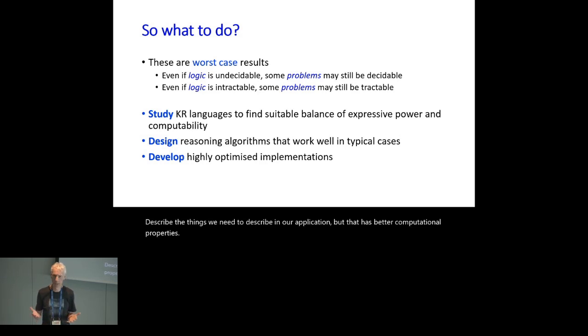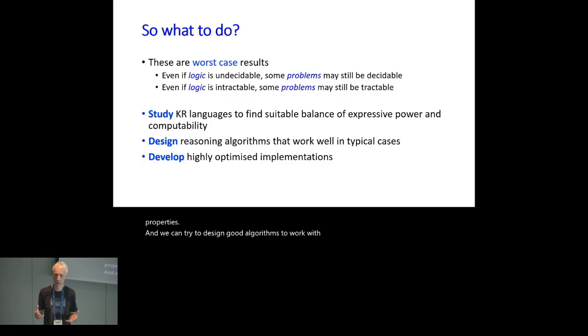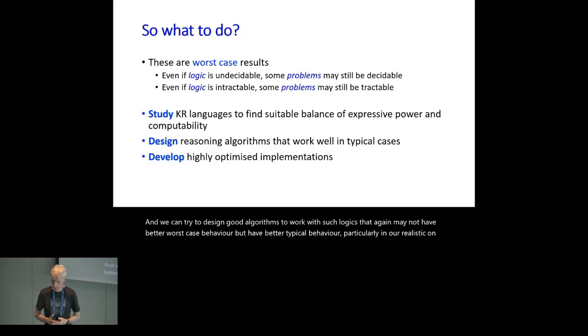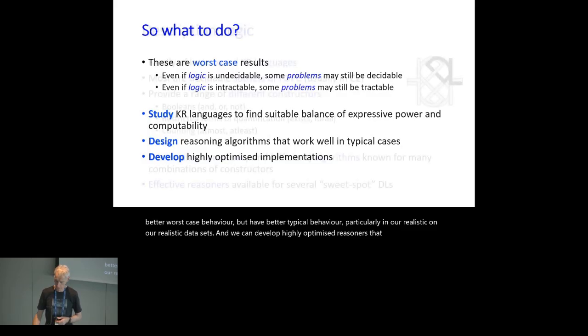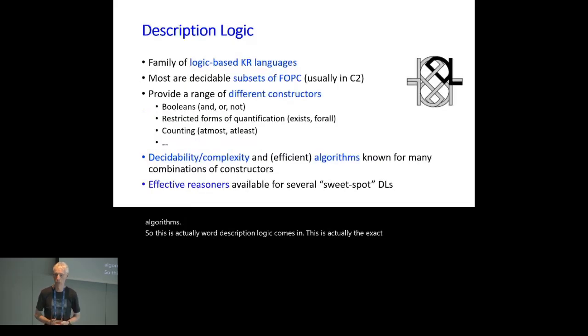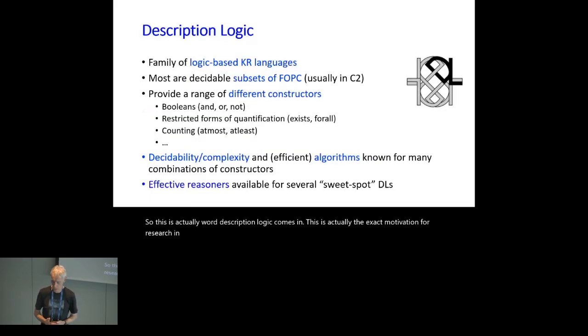And we can try to design good algorithms to work with such logics that, again, may not have better worst case behavior, but have better typical behavior, particularly in our realistic data sets. And we can develop highly optimized reasoners that use those algorithms. So this is actually where description logic comes in. This is the exact motivation for research in description logic.